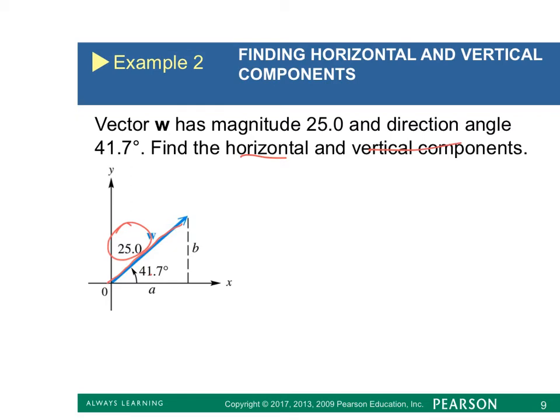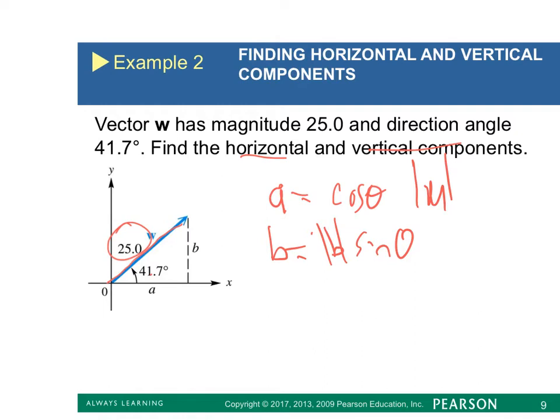I just showed you a minute ago that A, this horizontal piece, is always related to the cosine of theta times the magnitude. I can put the magnitude anywhere I want. B will be the magnitude times sine of theta.